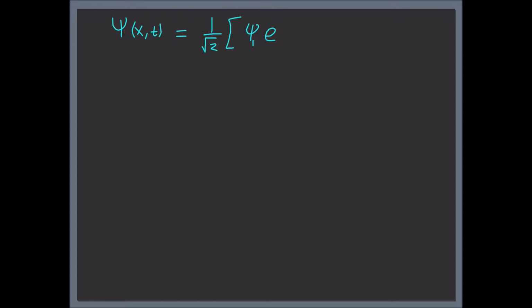It's e to the minus i E1 times t divided by h bar, plus psi 2 times e to the minus i E2 times time divided by h bar.